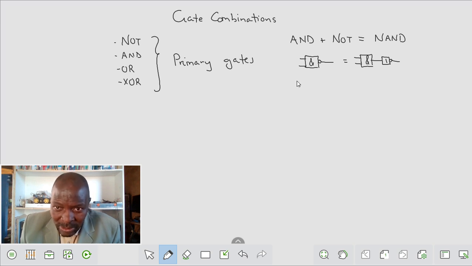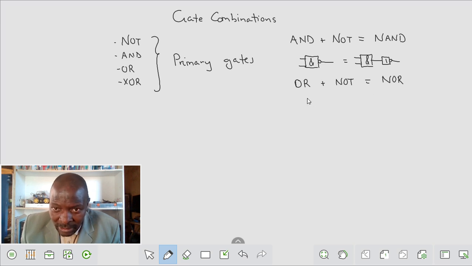If you look also at the OR plus NOT, this culminated in what you call the NOR gate.